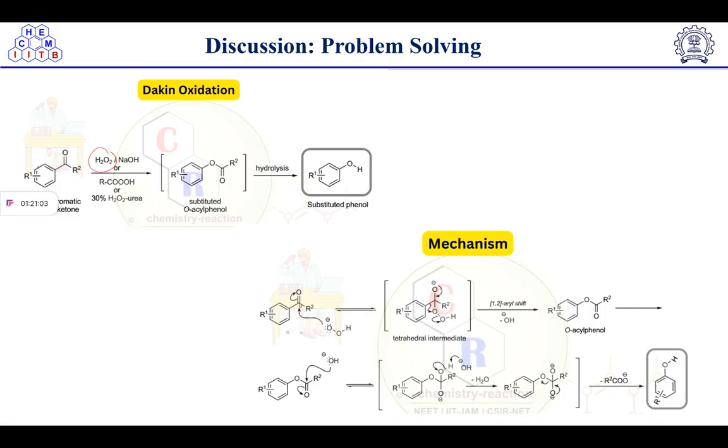So this oxygen ion will push electrons here, and at that time one of the groups will get migrated to the oxygen. In the previous case also this was happening, right? So after this migration, this group will get knocked out, and we will get the ortho hydroxy phenol, right?